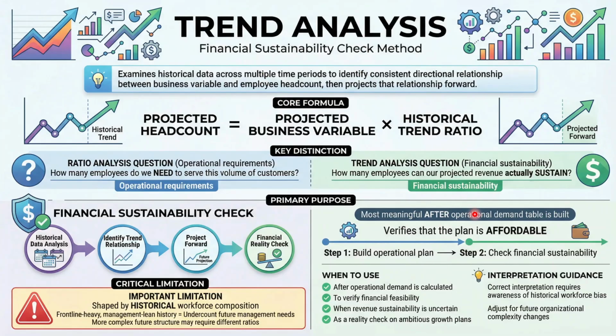Okay, 36 ang kailangan natin na empleyado. Ang tanong is, kaya ko bang paswelduhan lahat yung 36? So, we will be determining kung kaya natin using trend analysis. Okay? Kaya itong trend analysis, nagiging meaningful yan after the operational demand table is built, which comes after the ratio analysis.